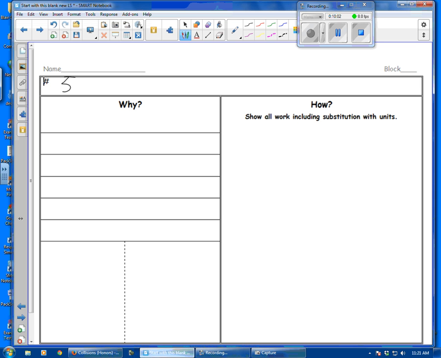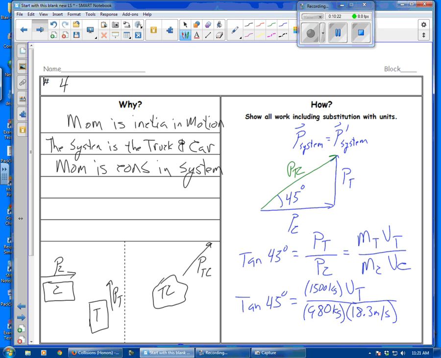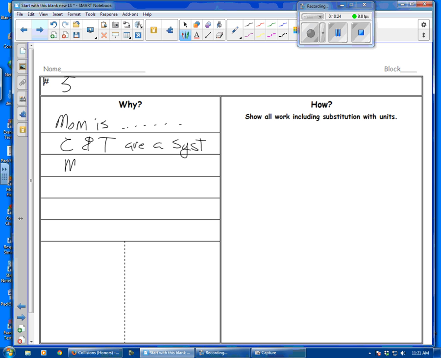So right here, of course, we want to show that we understand what momentum is. The car and truck are a system. Momentum is conserved in a system.